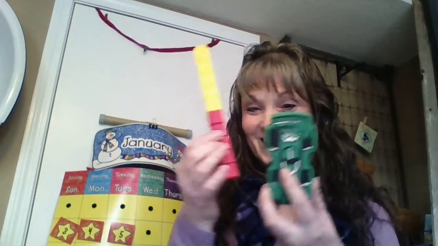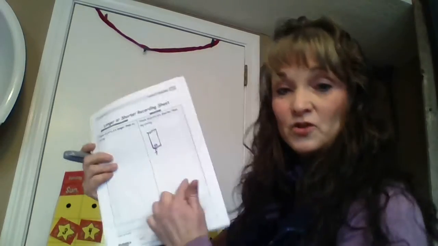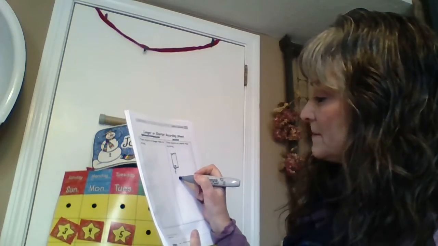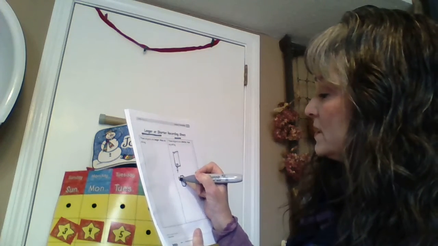What if I compared my cubes to my eraser? Are you ready? Yeah, it's an eraser. My eraser is shorter than my cubes. All right, so let's see. I'm going to do it on this side. Now, I could use a green crayon if I wanted to, but I'll just do this. And since my eraser looks like a car, I'll put some wheels.